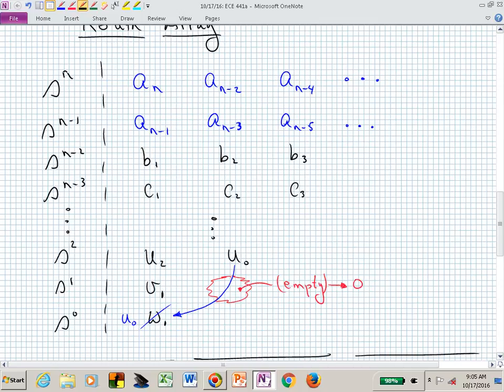If we now have the s2 row corresponding to u sub 2 and u sub 0, and we've calculated the s1 row, which will only have 1 coefficient because that coefficient corresponds to s, and you don't have anything with a coefficient of s to the minus 1, then to compute u sub 0 in the bottom row of s to the 0, we have v1 times u sub 0 minus u2 times nothing, or 0, and then we divide that by v1.